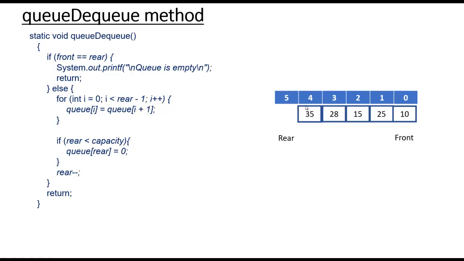See, this value has to get reset once this value is moved from position 4 to position 3. So to do this, we are doing this particular operation. So this is all about enqueue and dequeue, or inserting and deleting an element from the queue.